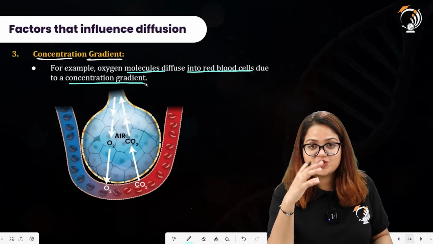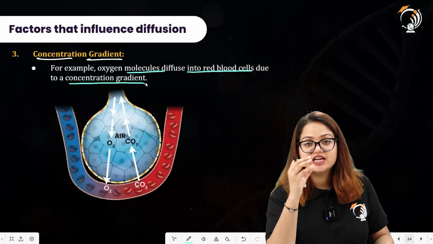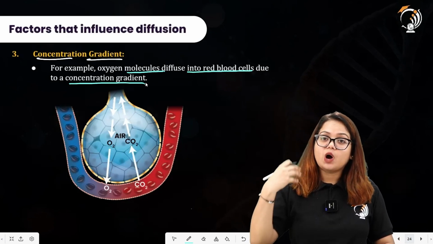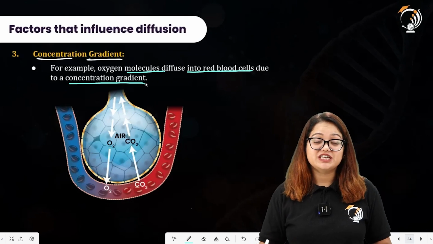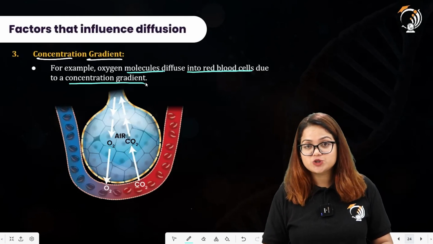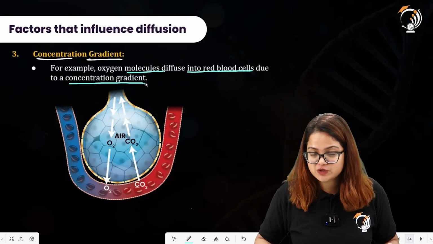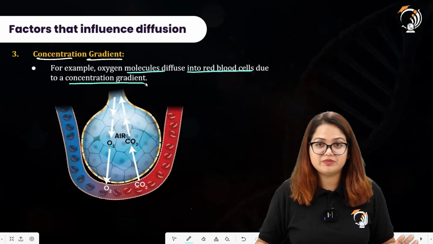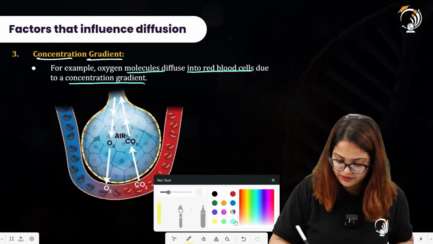So there is this concentration difference due to which the oxygen moves into the RBC and the carbon dioxide moves out of the RBC into the alveolus. So this also follows the process of diffusion. The more the concentration difference, the more the diffusion rate will be there. So we can write this statement here.